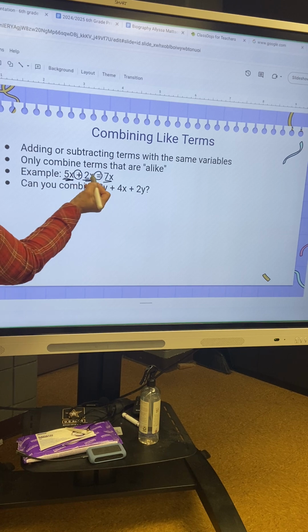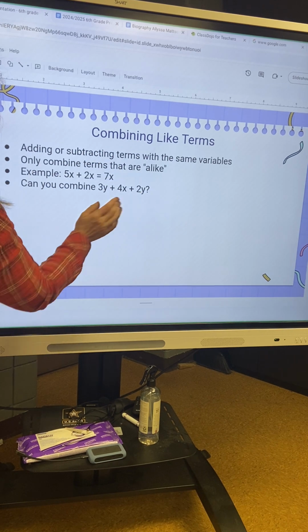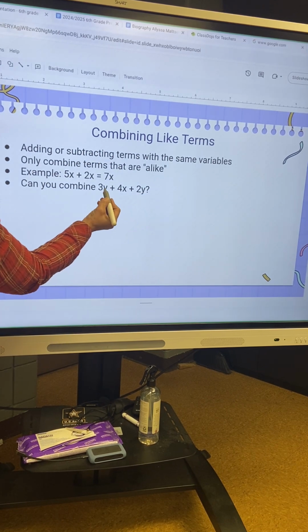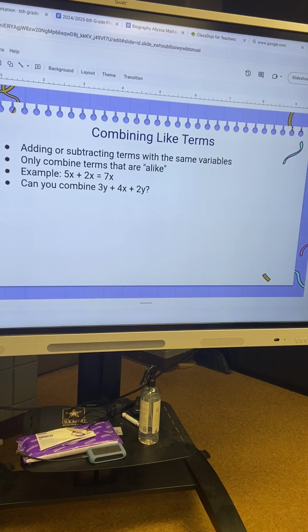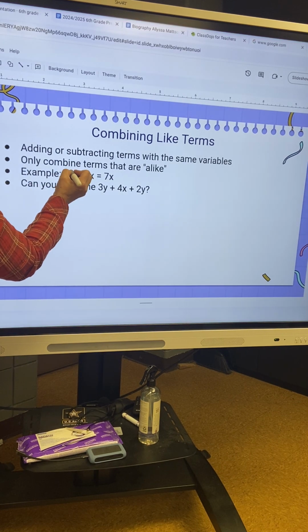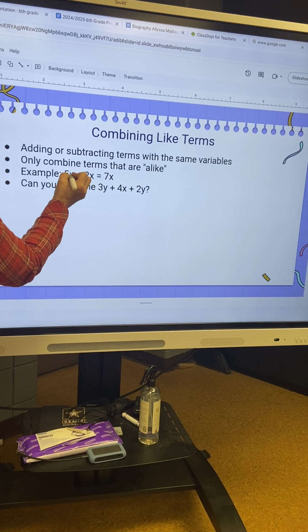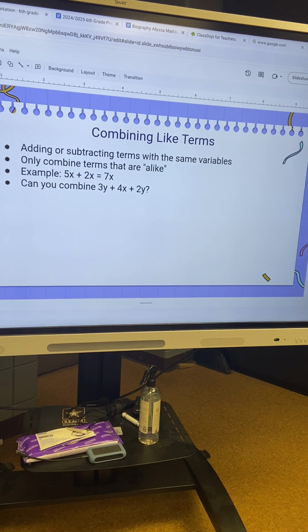So we have 3 terms in that expression. We have 3 terms in this expression, all right? They are the coefficient and the variable, or the constant, or the variable on each side of your math sign of addition, subtraction, or multiplication, or division.